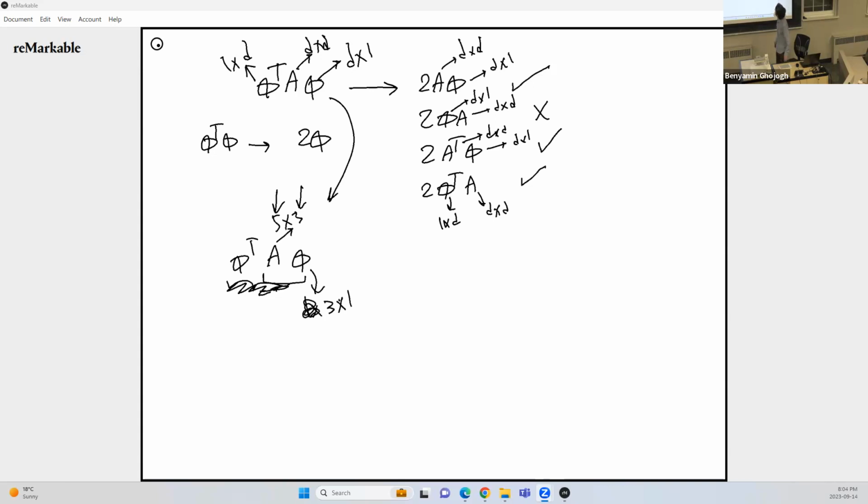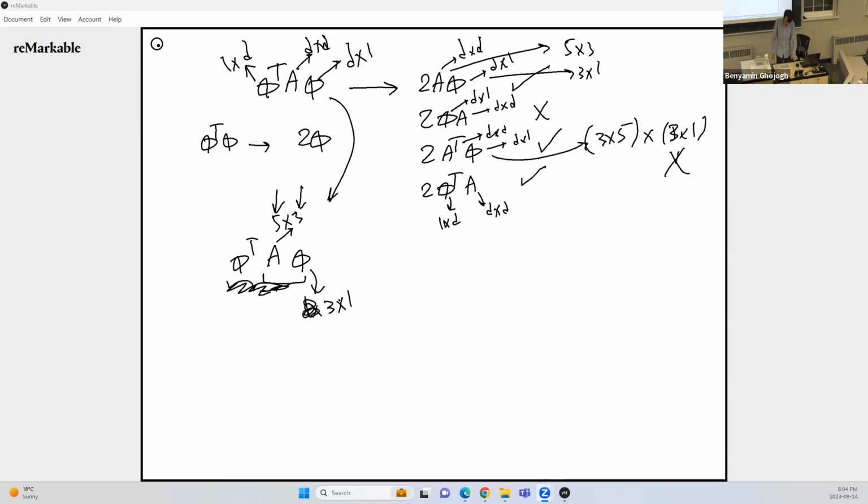Then, if I do this, now let's go back to these dimensionalities again. This becomes 5 by 3, 3 by 1, which makes sense. What about this? A transpose becomes 3 by 5. Phi is 3 by 1. Doesn't make sense. I reject this using this technique.